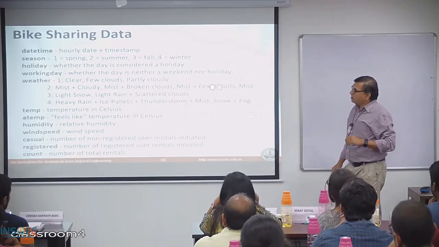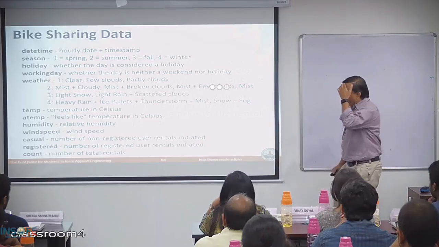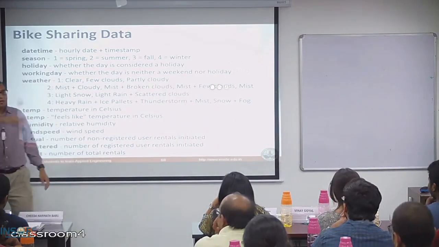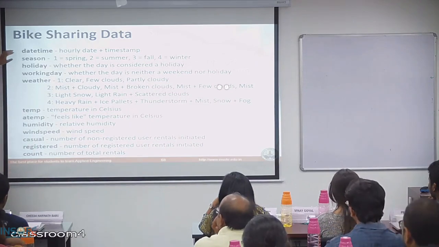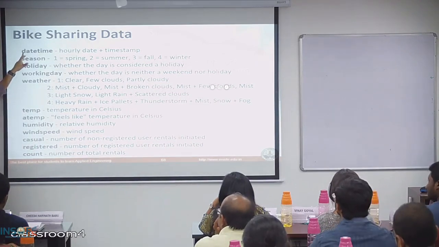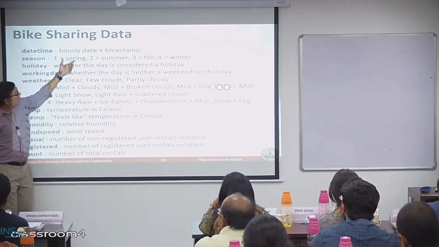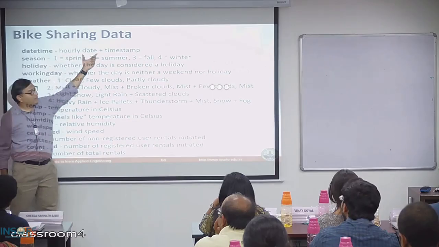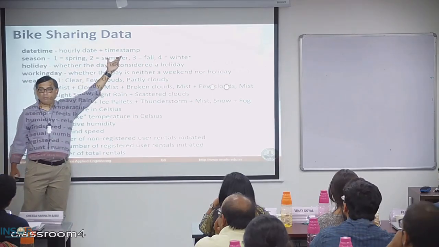So what's the information that's given? There are multiple columns. The first column that you have is the date time column, which is given in a date plus timestamp format.